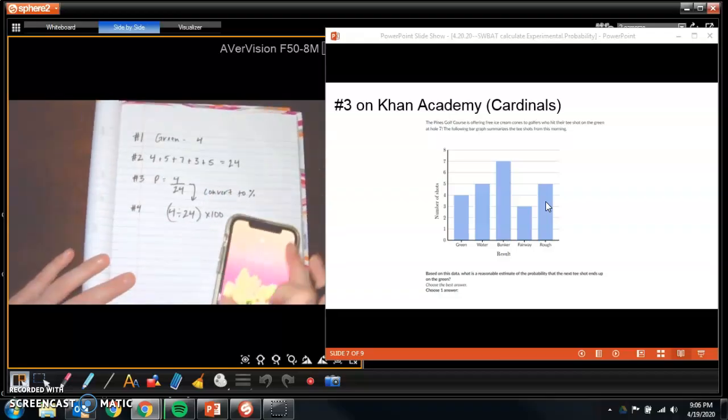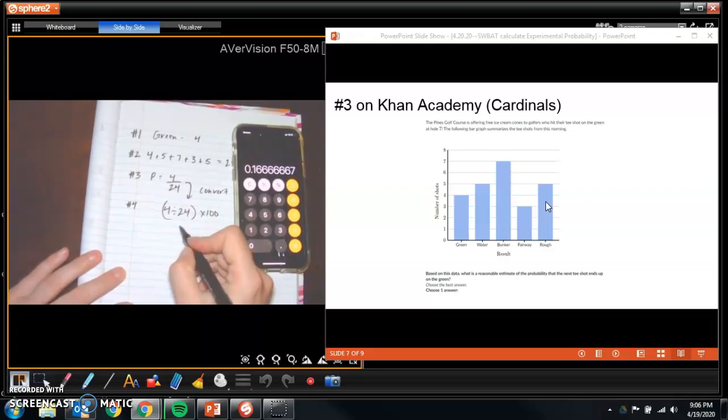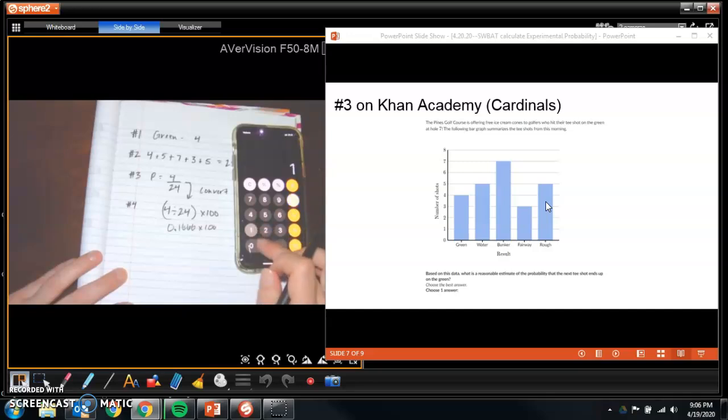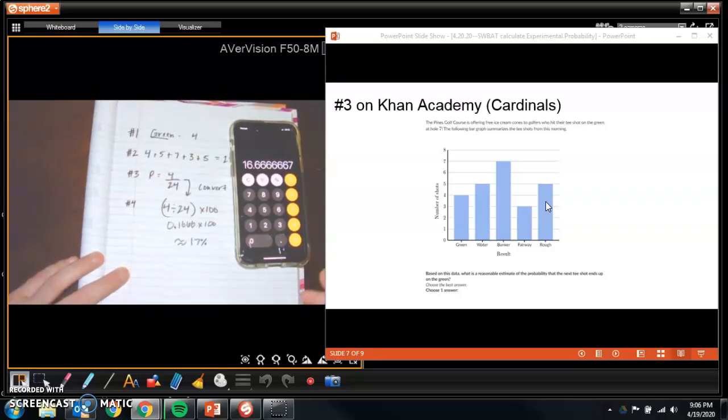So using my calculator, I take 4 divided by 24, multiply it by 100, and I get 16.67, or approximately 17% of a chance that the next time someone golfs, it will land on the green.